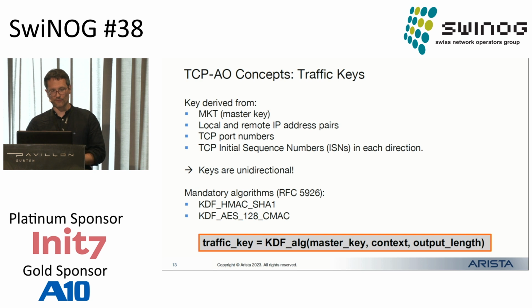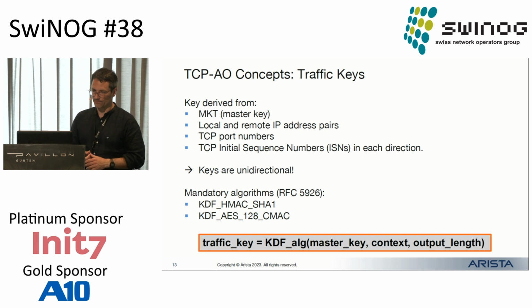As input, we have the master key, which we looked at before. We have local and remote IP address pairs, TCP port numbers, and the initial sequence numbers. That also means the keys are unidirectional because of the port numbers that we hash in.